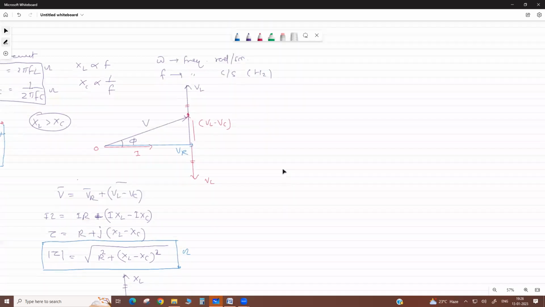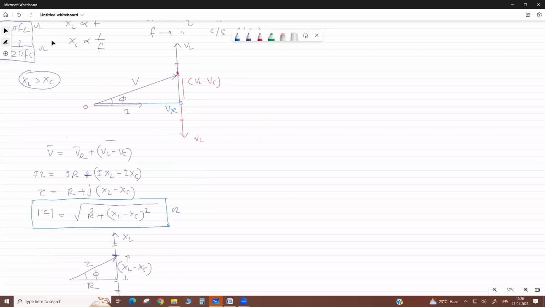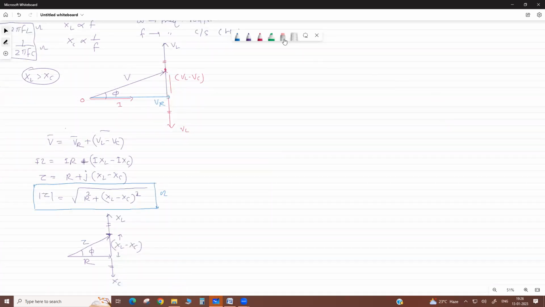Now we talk about resonance, very important. Maybe they ask about resonance in AC circuit. AC circuits may be series or parallel, and according to that, resonance is considered as series resonance and parallel resonance.